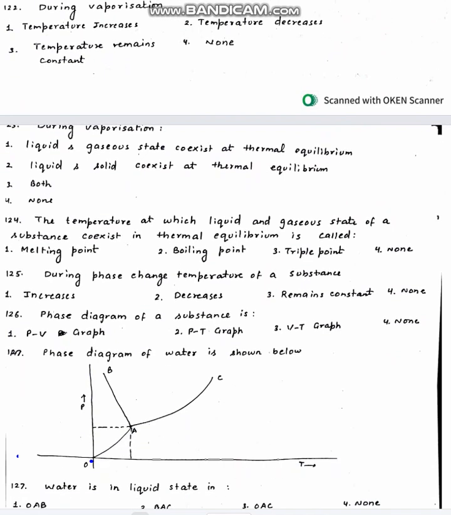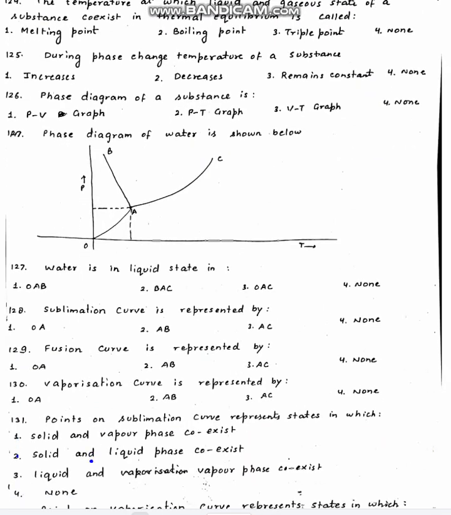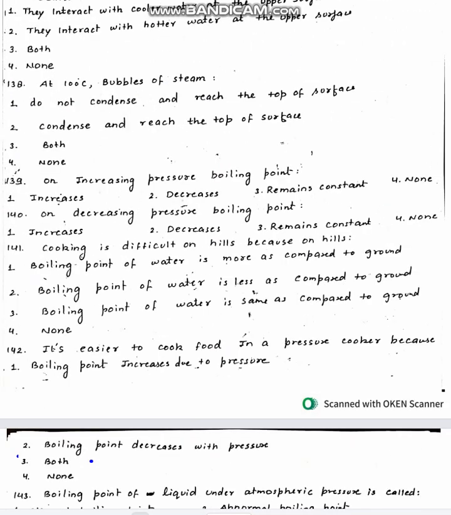Then we have melting point, freezing point. Then we have latent heat of vaporization. Then we have questions based on the phase diagrams of water, liquid state, gaseous state. Then we have steam formation or boiling. Then we have the impact of increasing pressure on boiling point.